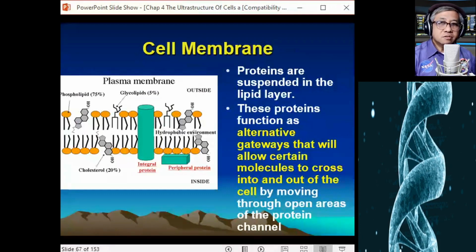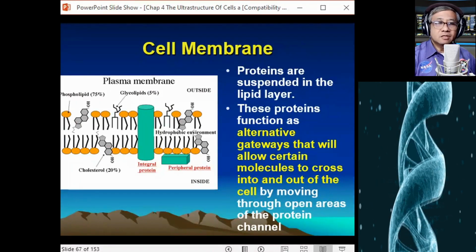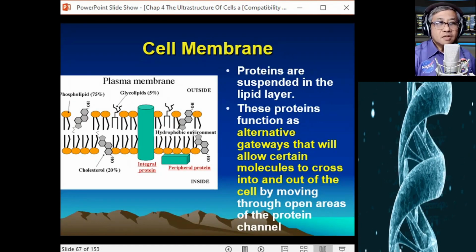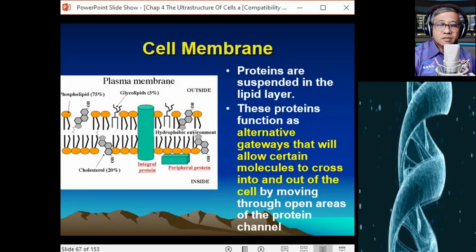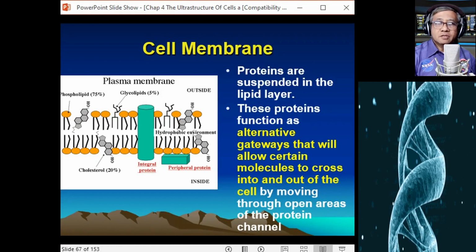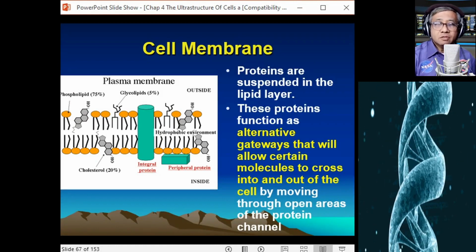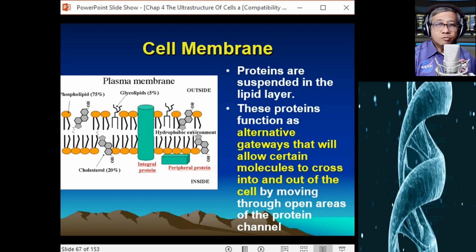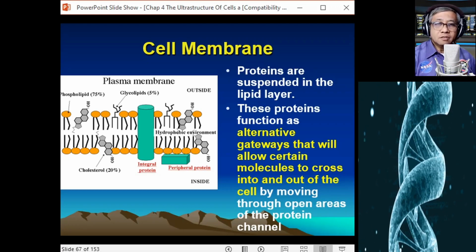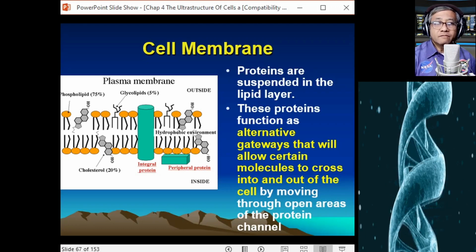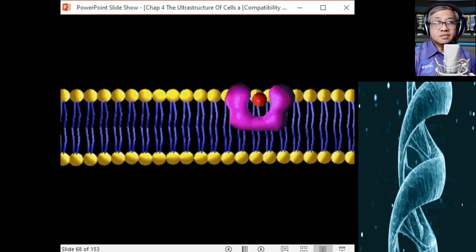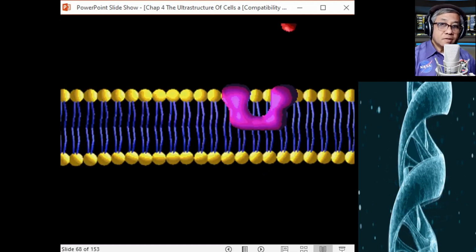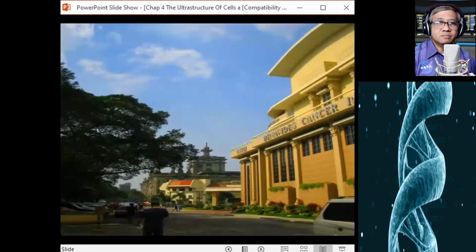These proteins serve as channels so that these large molecules can easily enter the cell, moving through open areas or channels of the protein channel. So that's the function of these proteins that are embedded in the plasma membrane.